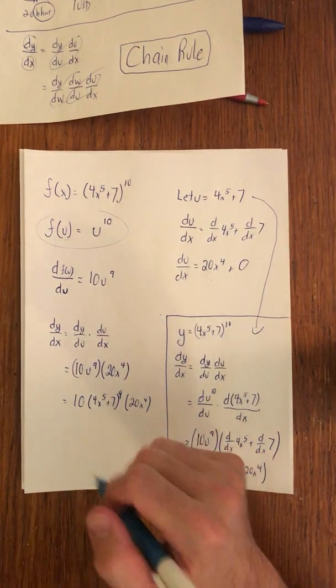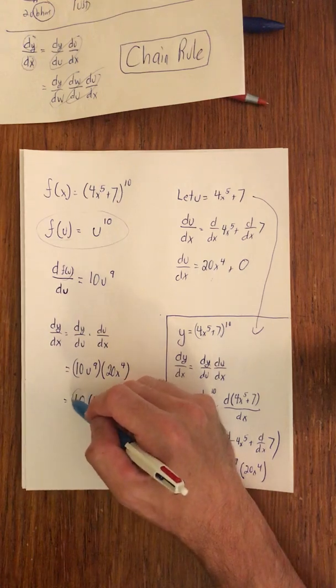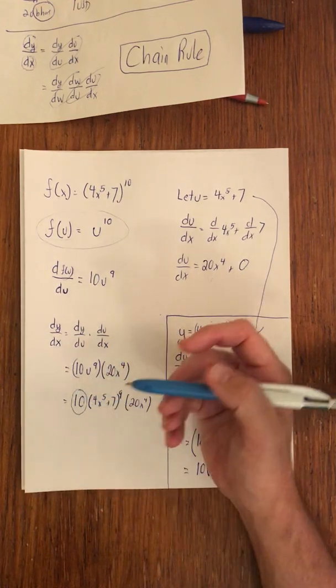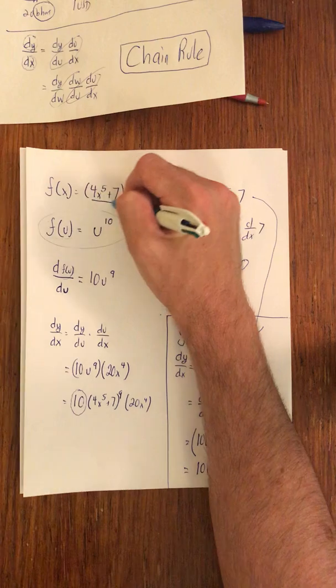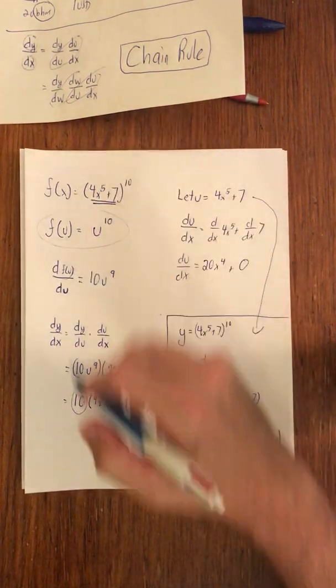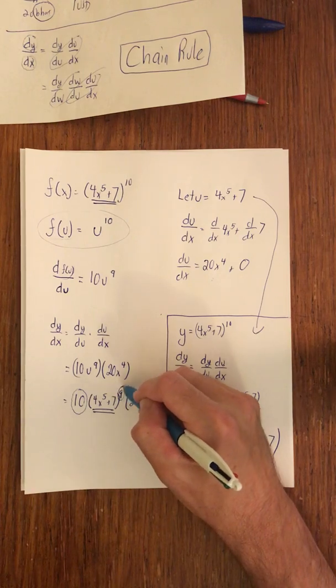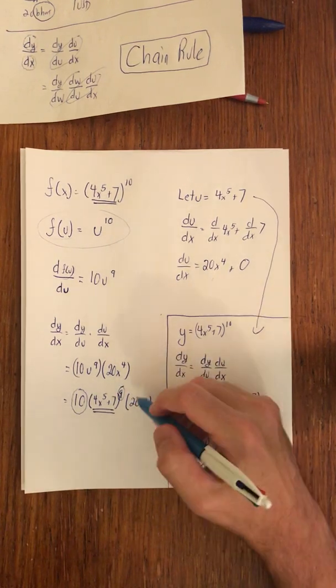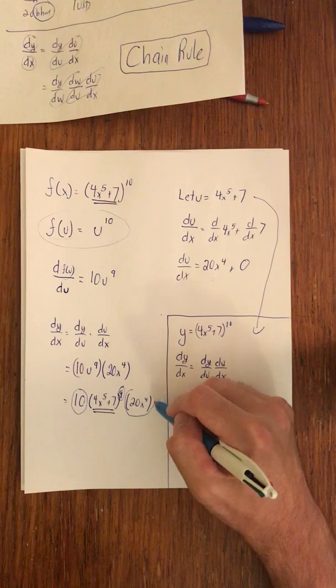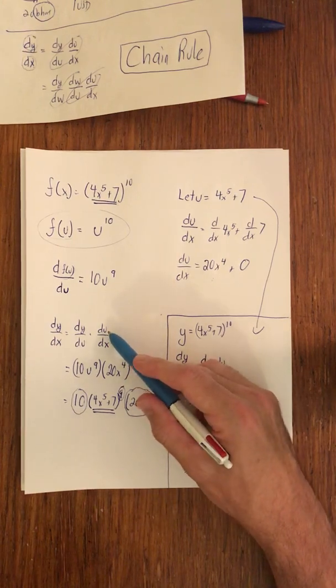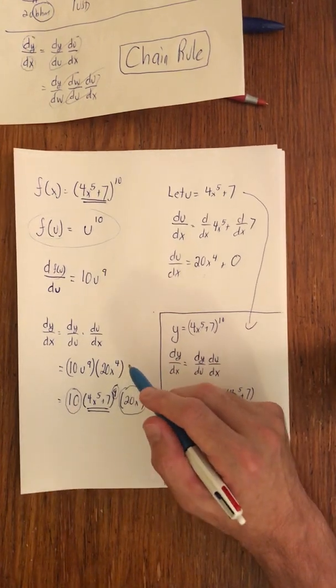The pattern here is this is the power that the function was raised to, right? Where this was our function, right? Here's the original function raised to the 1 less power. And here is the derivative of that function with respect to x.